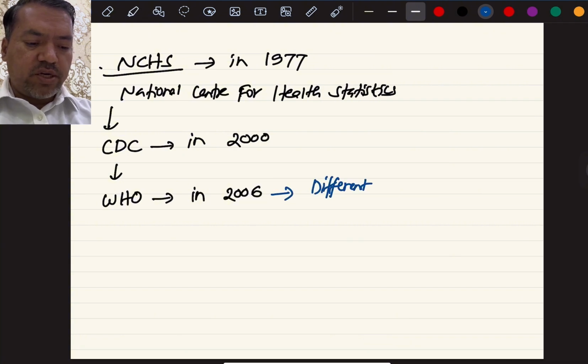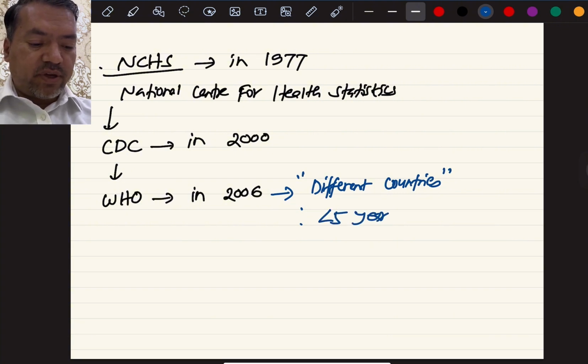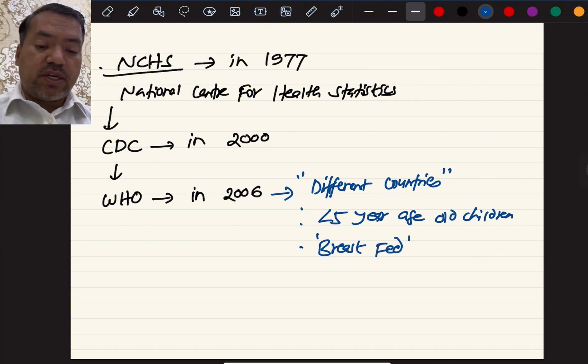Okay, many different countries, and it is mainly developed from under 5 years old children, and mainly those children were breastfed. Okay, breastfed. Earlier in CDC and NCHS, they are mainly formula fed children, but these are the breastfed children. This is a big difference here.